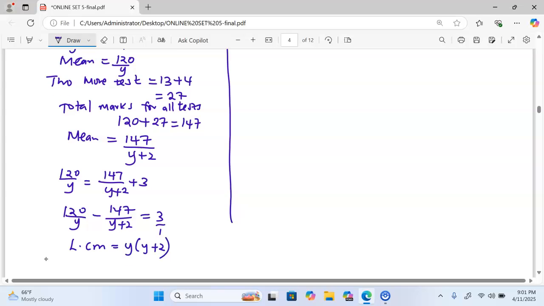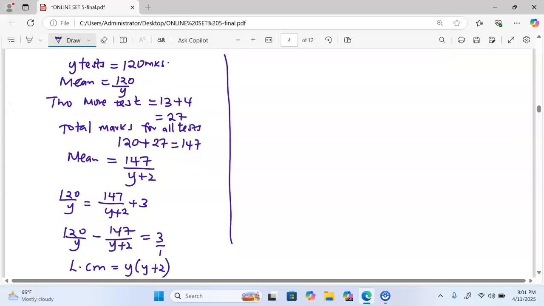From here now we can multiply across by the LCM, and we are going to have 120 over y, you multiply by the LCM, which is y plus 2, minus 147 divided by y plus 2, we multiply again this by the LCM, which is y into y plus 2.